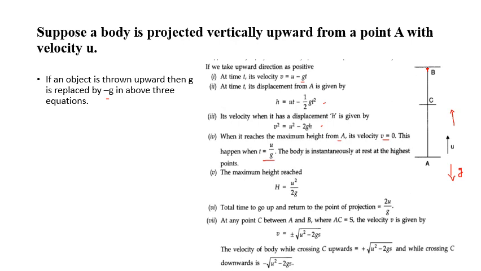So how do we calculate this time equal to u by g? What is your first equation? Listen, v equal to u minus gt. When it reaches the maximum height, your final velocity will be 0 for a small time. Once you substitute v as 0, the remaining term will be u equal to gt.